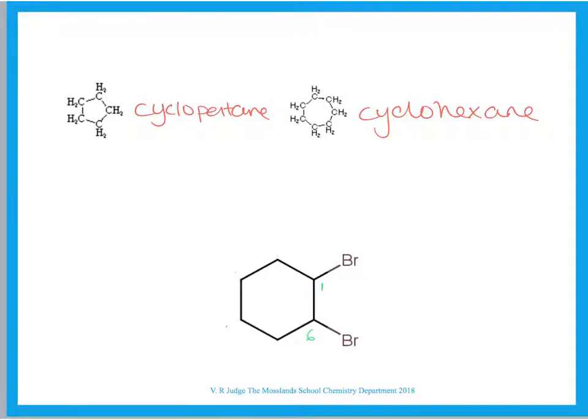That'd give you a 1,6, but you can see if you go the other way, that would actually just be carbon number 2. So this compound here would be 1,2. It's got 2 bromines, so it's dibromo. It's cyclic, so cyclohexane, because it's 6 in a row.